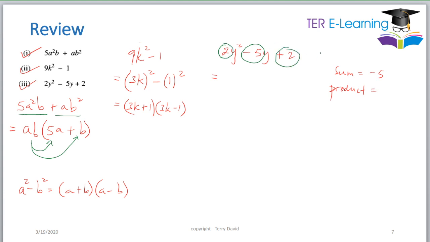We need to multiply those two terms. So my product in this case has to be 4. So I need to find two numbers whose product is 4 and whose sum is minus 5. Can somebody give me what those two numbers are?